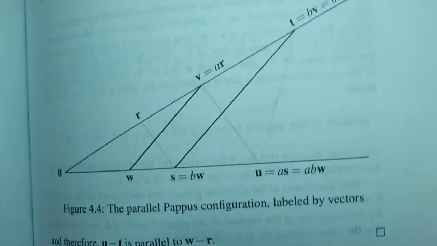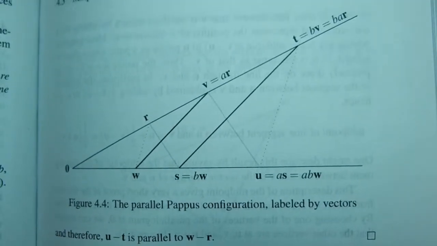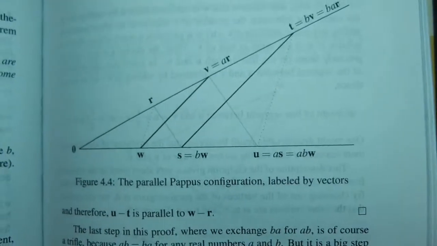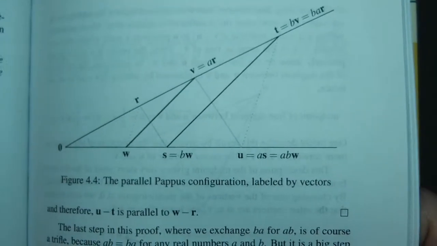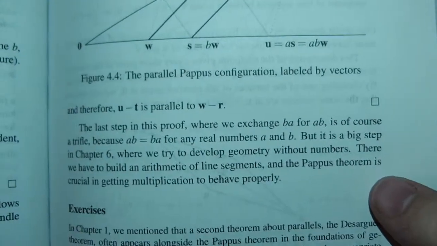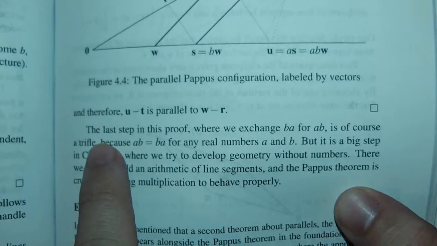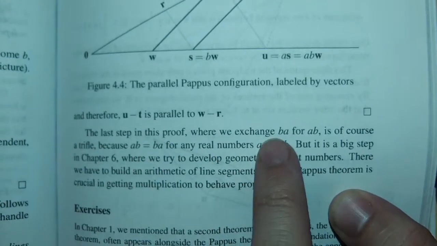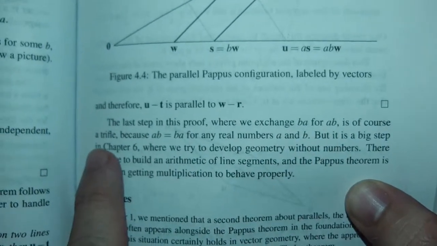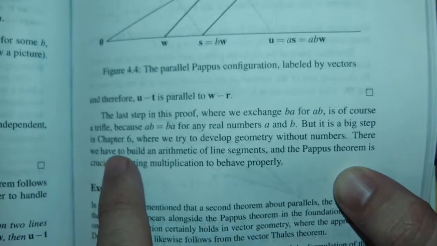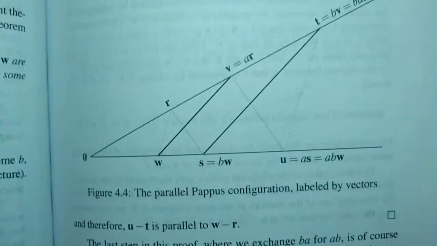Okay, but the vector Pappus theorem, here was our vector Pappus configuration. Notice it is exactly the Pappus configuration as normal. And the vector Pappus configuration required, as this notes, the last step in this proof where we exchange BA for AB, which is of course a trifle because AB is equal to BA for any real numbers. But it's a big step in Chapter 6. Chapter 6 is what we just finished.